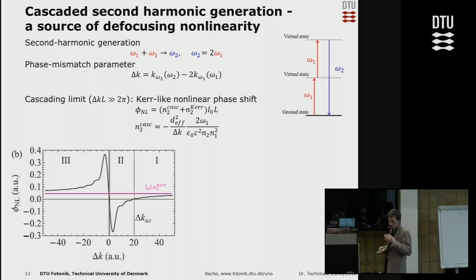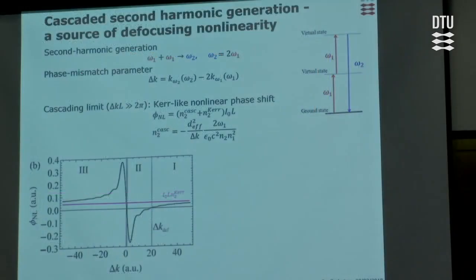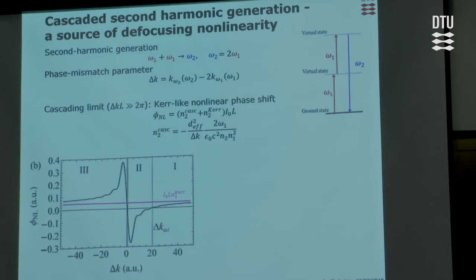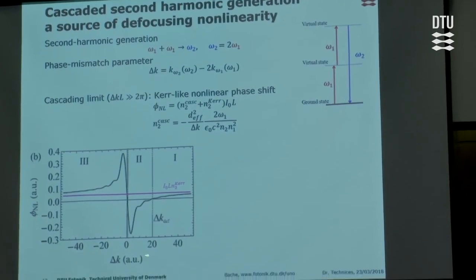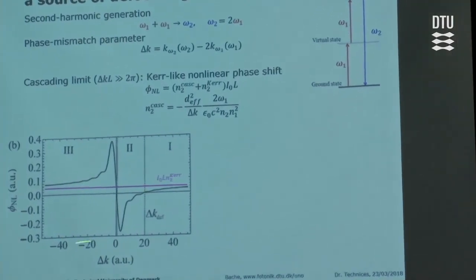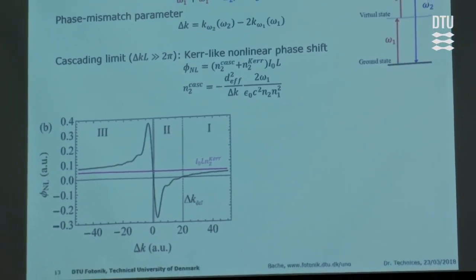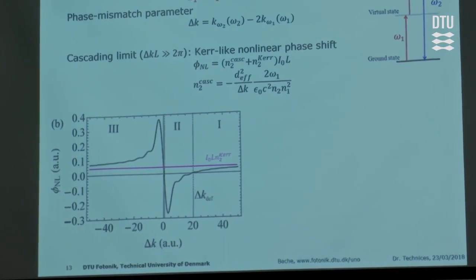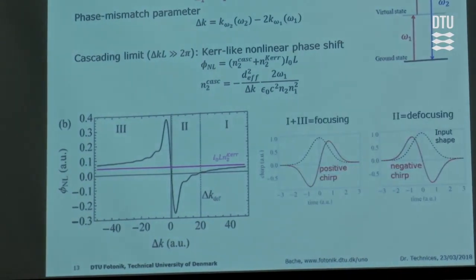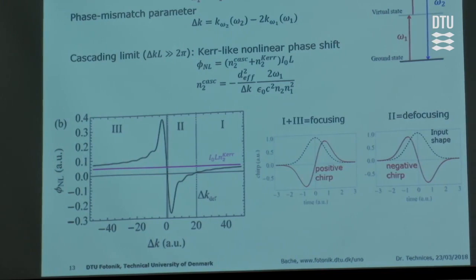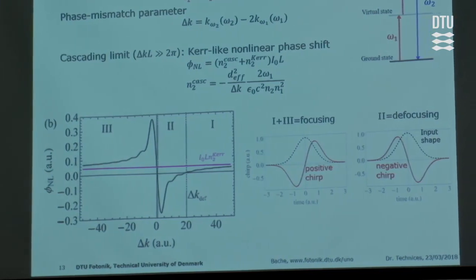The Kerr effect is always positive. But the interesting thing about the cascaded nonlinearity is that it can become negative or positive or zero. So zero when we have phase matching. And here I plot the nonlinear phase shift as a function of phase mismatch. So no nonlinear phase shift when we have phase matching at zero. But on each side you have three regimes. So you have regime 1 and 3, which is the focusing regime, which is a standard nonlinearity that you see in all materials.